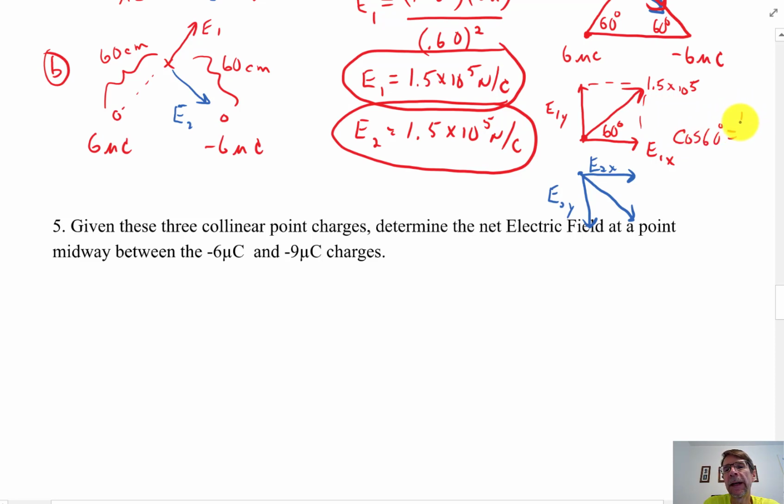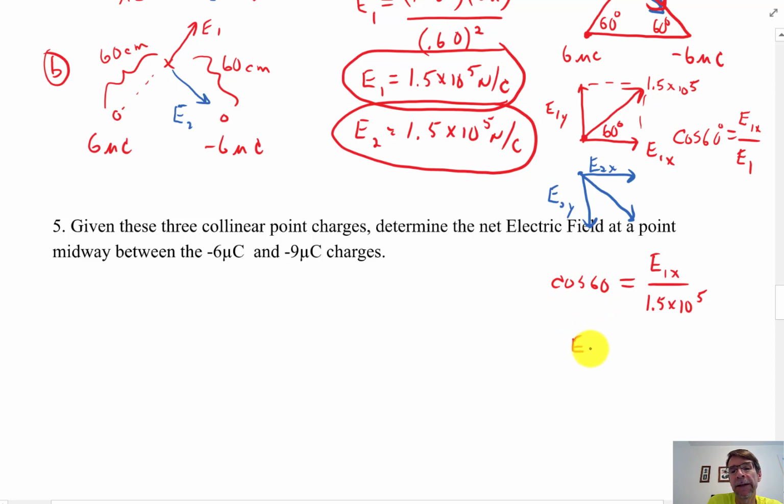that's going to be E sub 1x over E sub 1. Let me draw it down here. It's going to be cosine of 60 degrees equals E sub 1x over, and I know E sub 1 is 1.5 times 10 to the 5th newtons per coulomb. Punching in my calculator, cosine of 60 is actually 0.5.